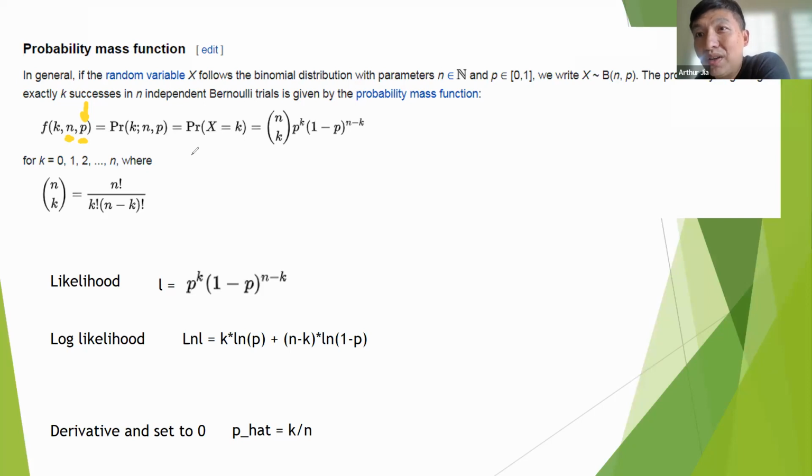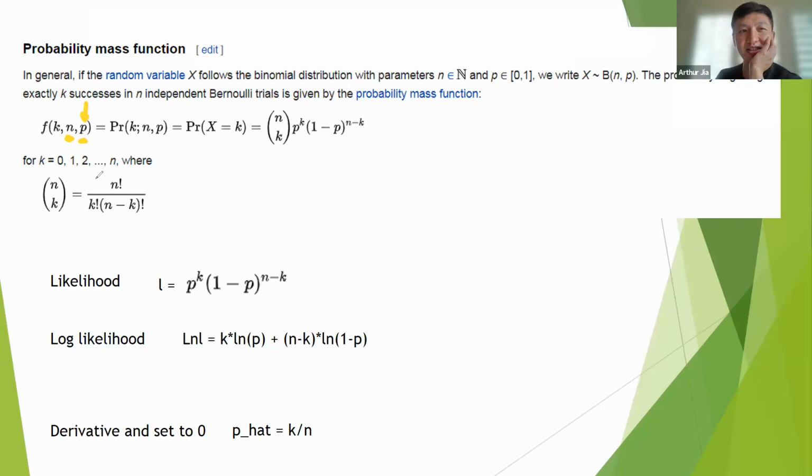This is equivalent to telling people how likely the parameter P is equal to 0.5, right? If this coin is a fair one, you can easily tell people the parameter P is likely to be 0.5. So this is what we want to do.